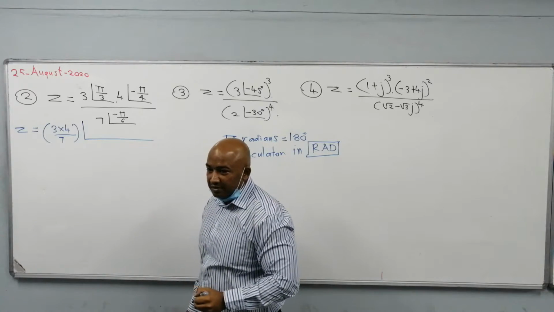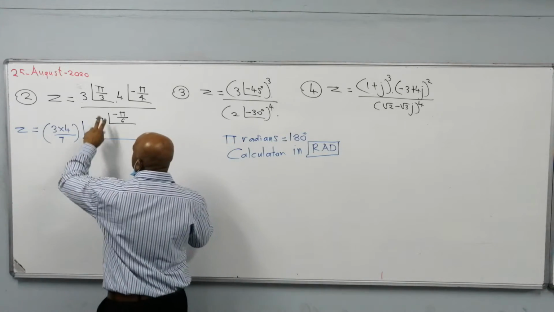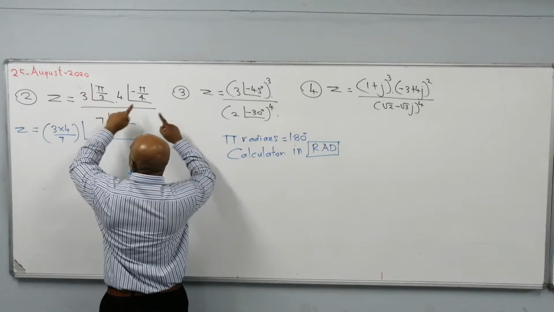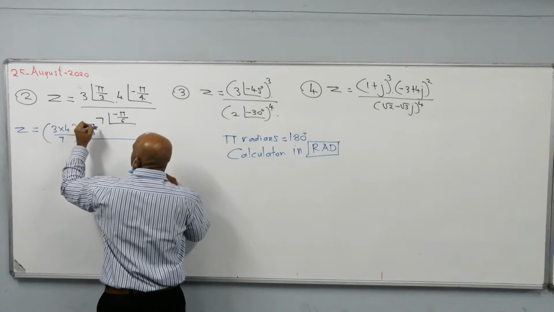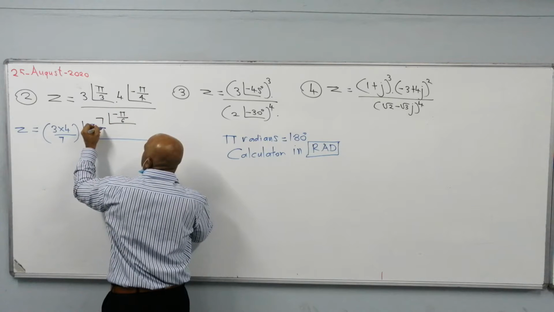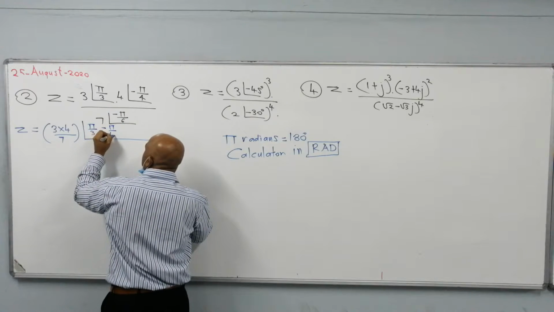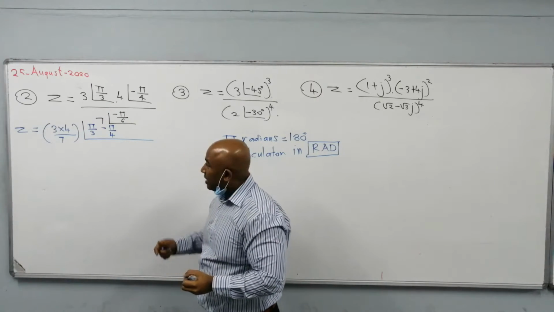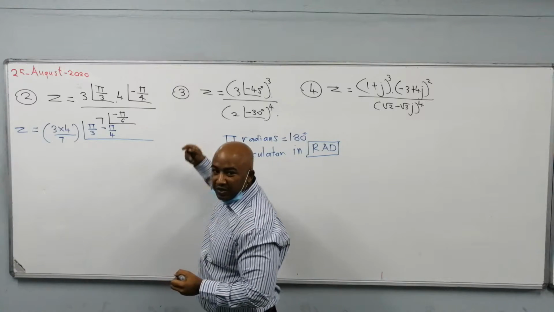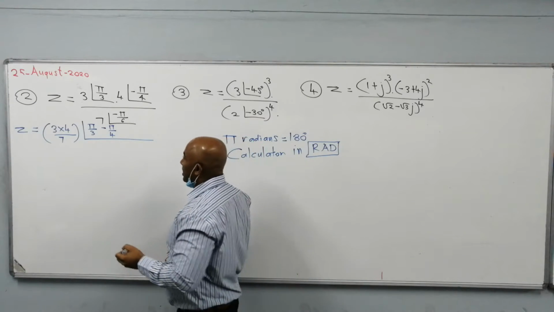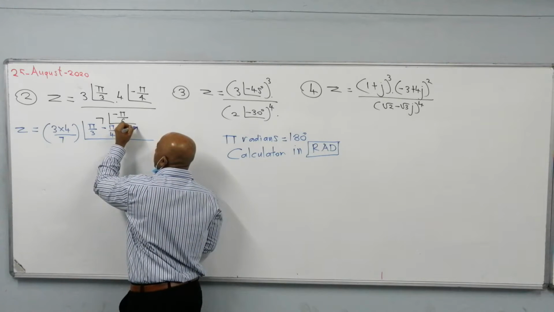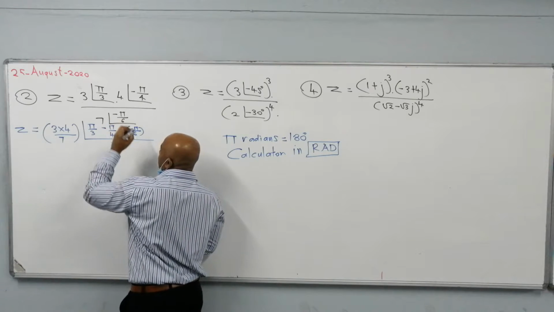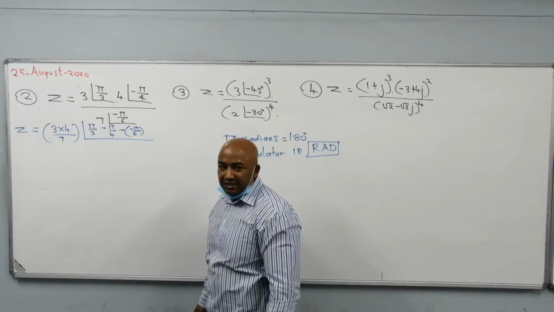Now, let's deal with the angle. Here, when we are multiplying, we add the angles, so that will be pi over 3, and then you've got minus pi over 4. And then when you are dividing, you subtract. So that's going to be a minus pi over 6 there. Are you clear with that? Simple.